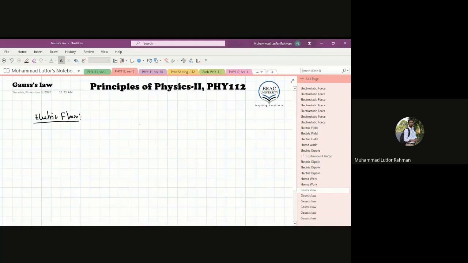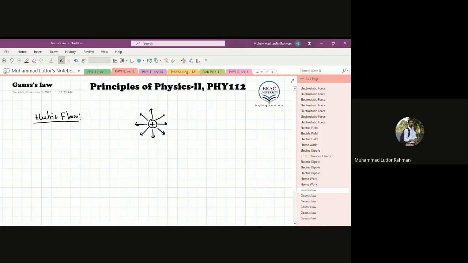Electric flux. Basically, we know that the electric field from a positive charge is radially outward, right? If you keep a positive charge, then the electric field lines are going to be radially outward.